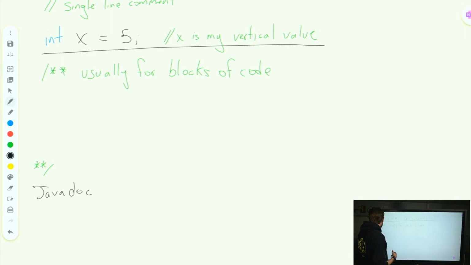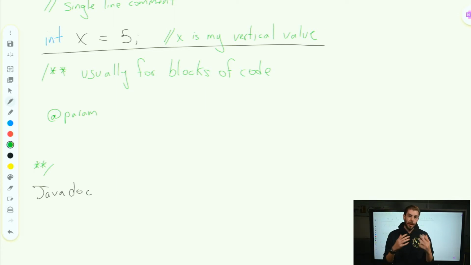So we can do things, there's 2 that are really useful, and one is we signify things with an @ symbol. So we say @param, and then we can define what a parameter for a method is. So then over here we say this is some parameter.